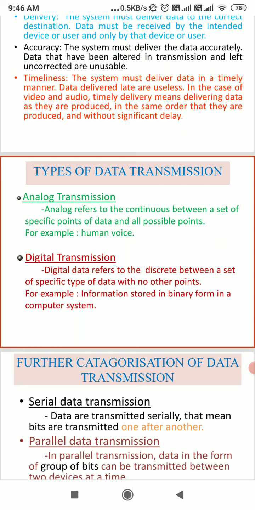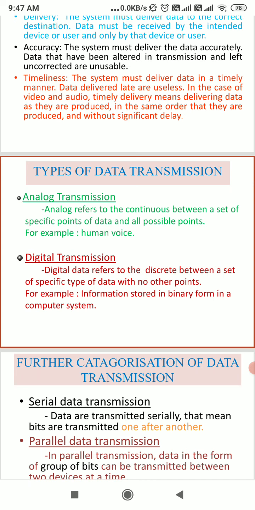So analog transmission gives us continuous transmission between specific points of data and all possible points. But digital refers to, like in data communication, we talk about analog quantity and digital quantity. What does digital mean? It has discrete values.